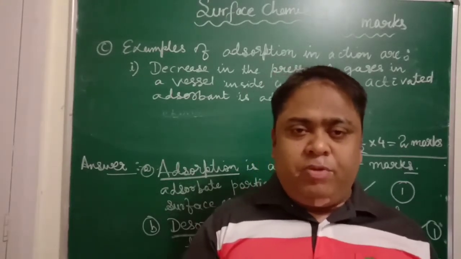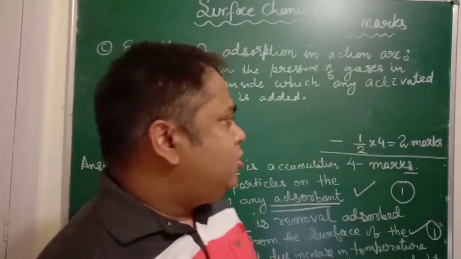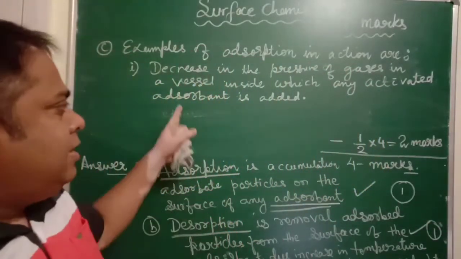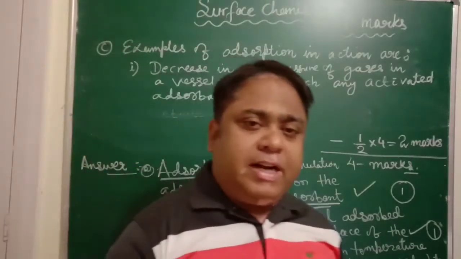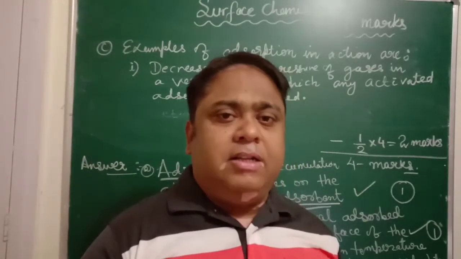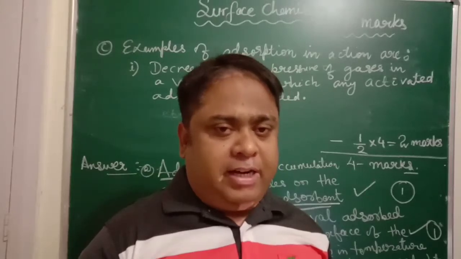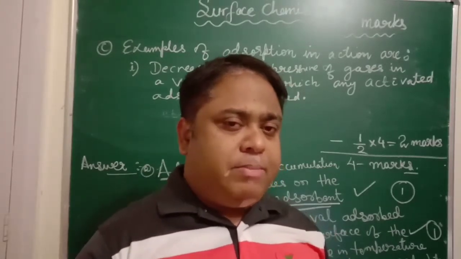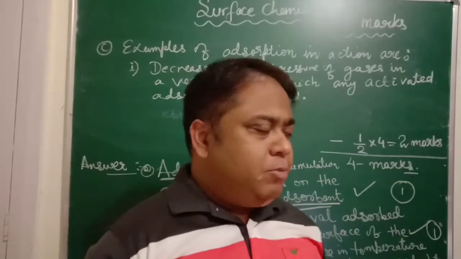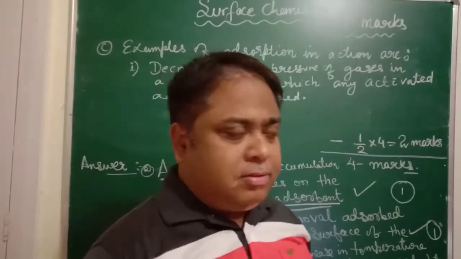So in this way, if any activated adsorbent is added into that vessel, then the gaseous particles get trapped into the pores of that adsorbent. As a result, they are not able to move with high kinetic energy and the pressure reduces. This much the examiner will understand, but to save time, you can write your points like this.